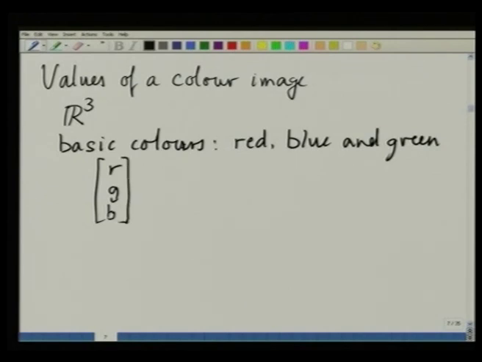And such 3-dimensional vectors we know are elements of R3.